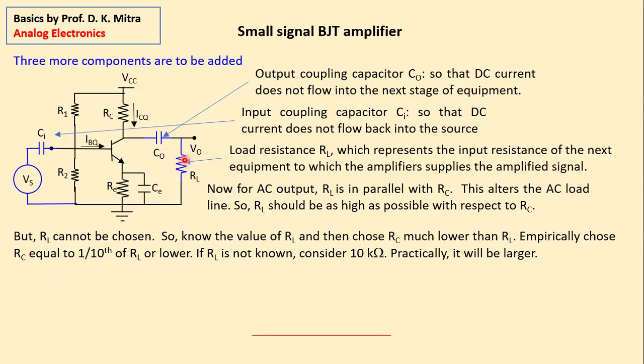In fact, sometimes it is of the order of megohms. If it is a FET input amplifier, the input impedance is of the order of megohms. So if you choose 10 kilo ohm, you are always on the safer side. So you design your amplifier for appropriate gain with a value of RL of 10 kilo ohm.